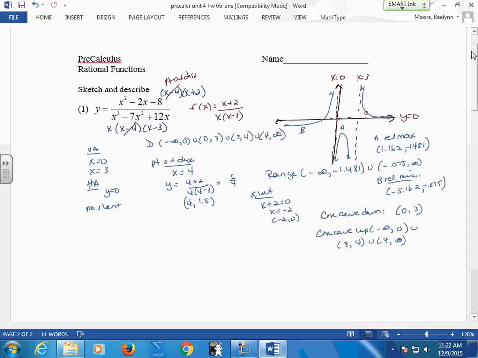So if you kindly would graph this in your calculator for me. This behaves a little bit different than normal. And it's a little difficult to see. In fact, this is one of the questions that I would give my pre-calc honors on the test, but I would expect you to try this.